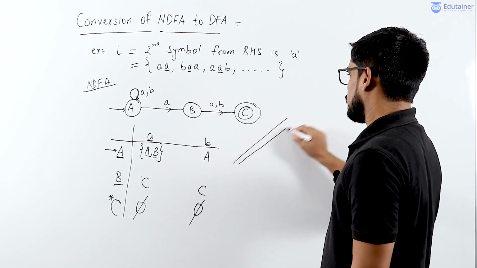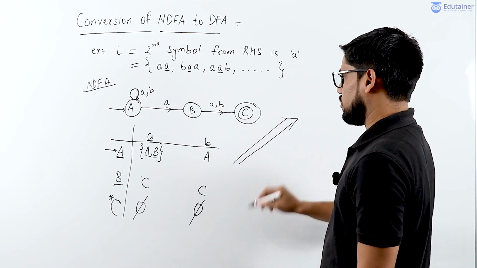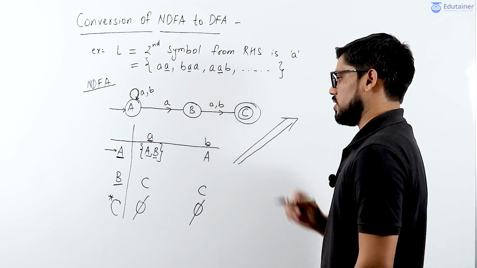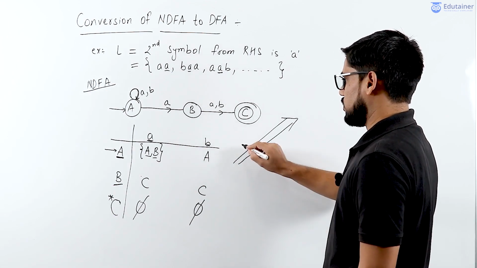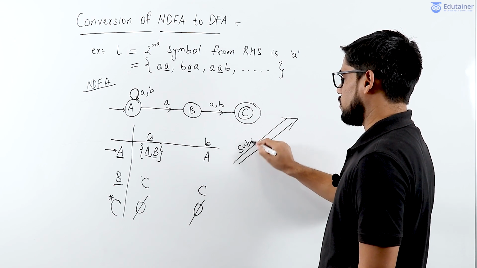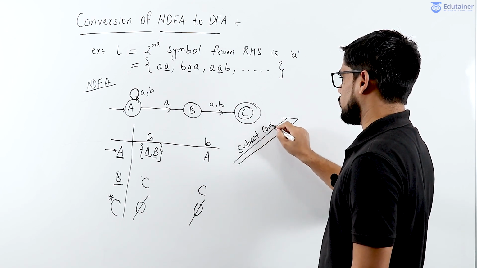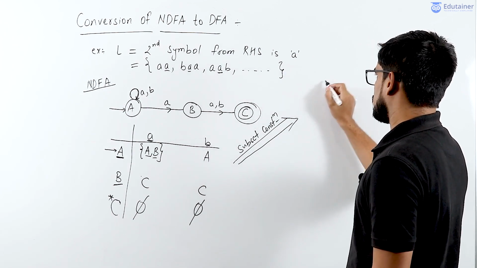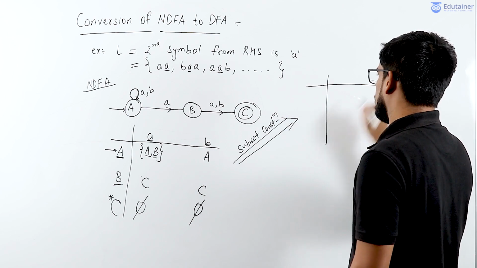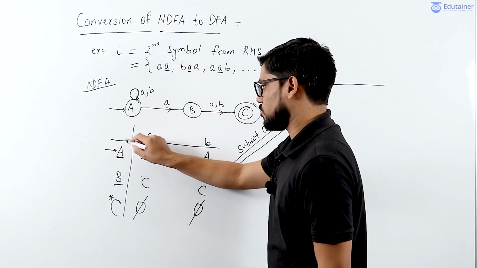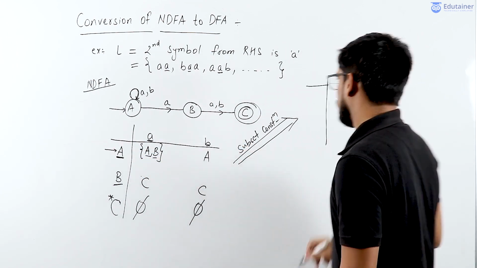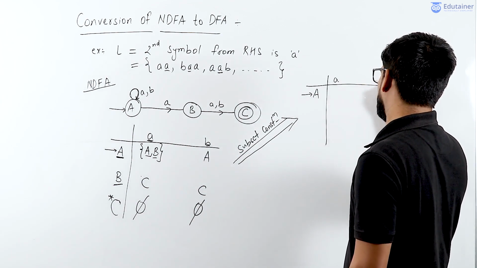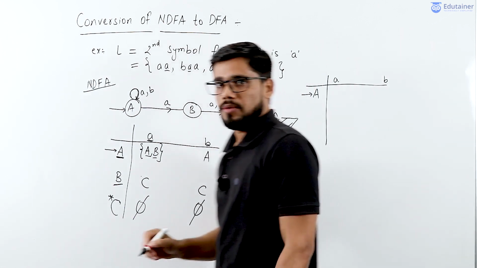Now for this NDFA, I want to draw the DFA transition table as well as the DFA transition diagram. For this, I will use the subset construction method. In the subset construction method, first I will start with the first row. The first row is the initial state capital A and the two input alphabets small a and small b.